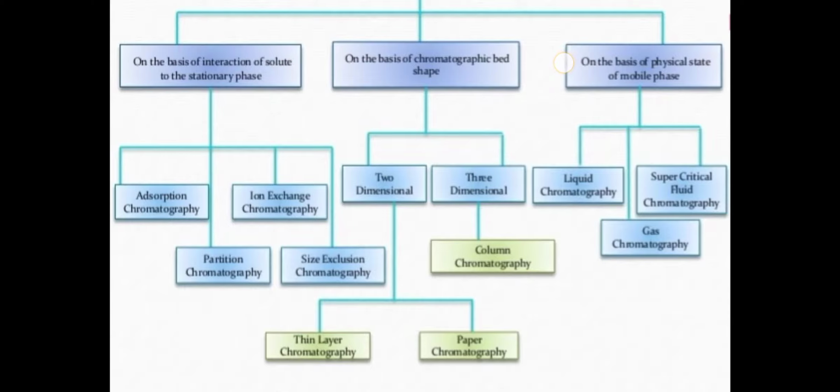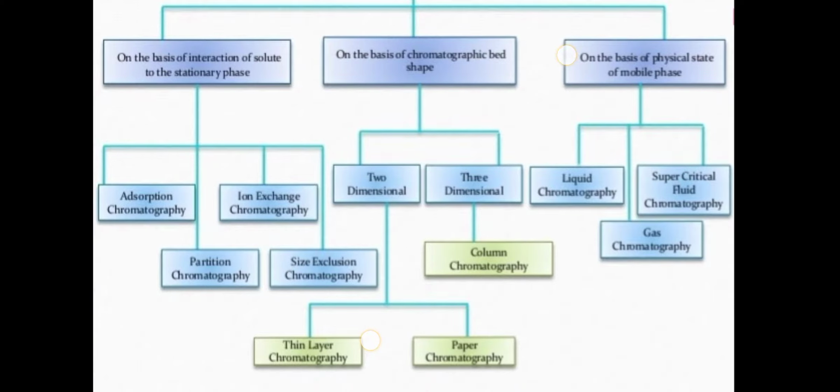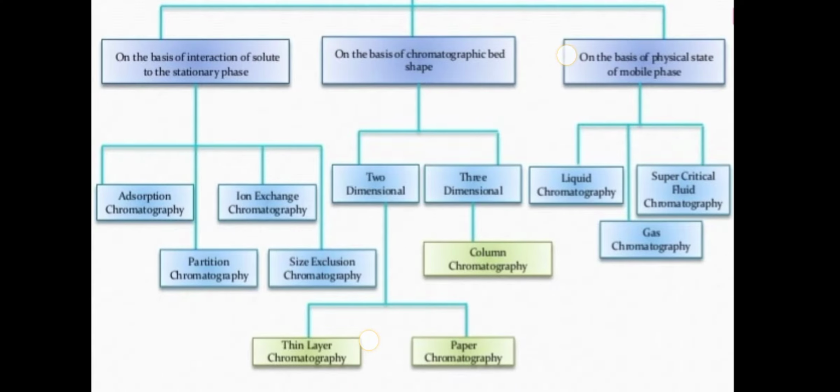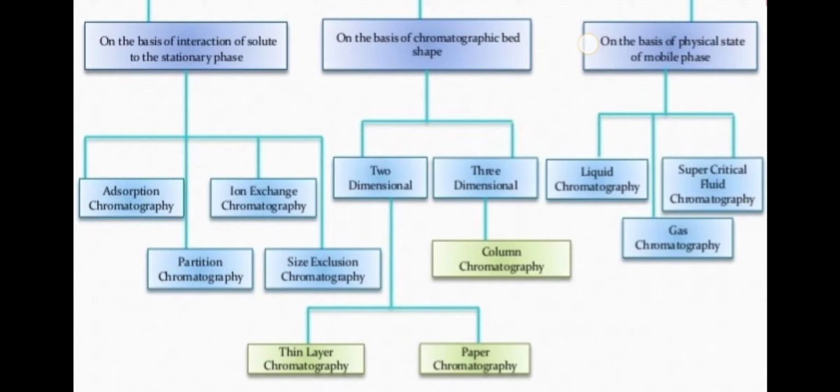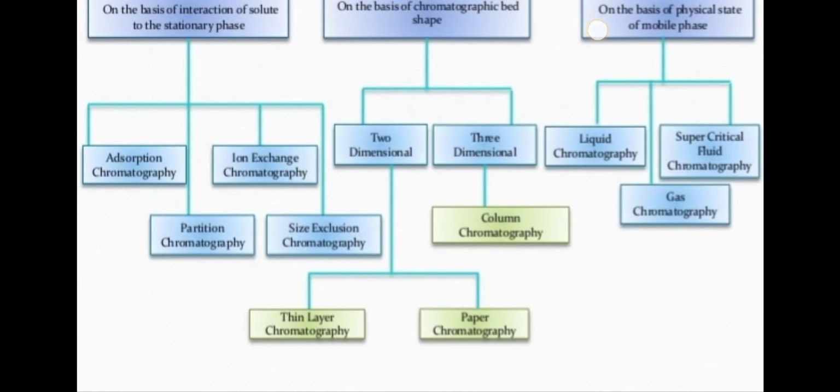Three-dimensional bed shape is used in column chromatography, as we have discussed the first ever experiment of chromatography done by the scientists. Now the two-dimensional bed shape is used in two types of chromatography, that is thin layer chromatography and paper chromatography.